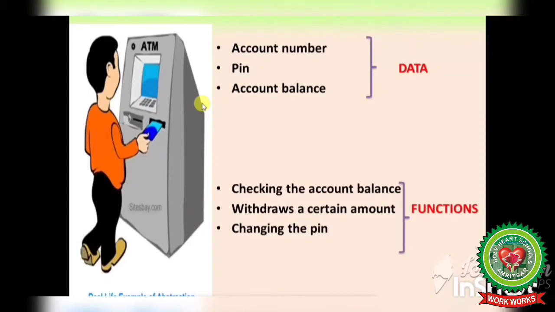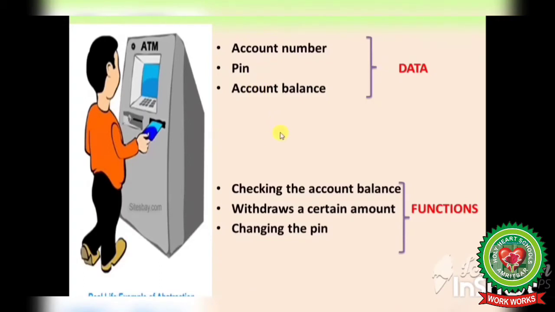This example we have used in abstraction also. In this scenario, data can be accessed by using the given functions. However, the most important point to note is that while using an ATM, you can only access the data that belongs to you. You cannot see the account balance of other customers. You know only your account number, PIN and account balance.